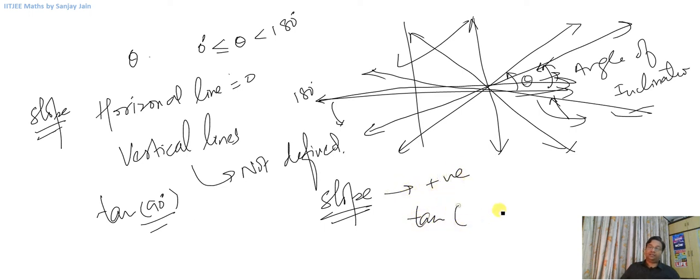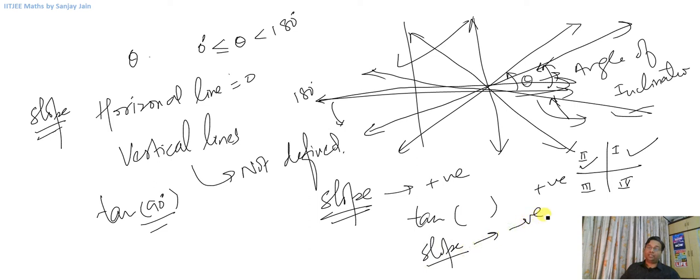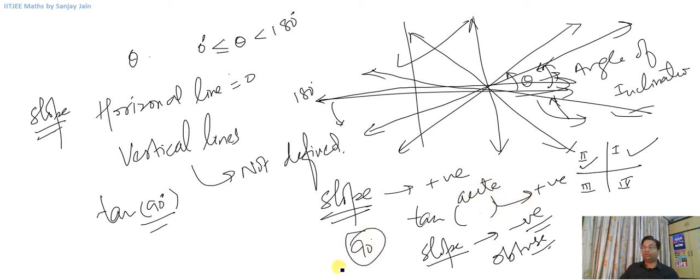Because tan of acute angles is positive. We know that tan is positive in the first quadrant and is negative in the second quadrant, right? So for obtuse angles, slope is negative, and for acute angles it is positive. For 90 degrees it is not defined. So the slope of y-axis is not defined, right?